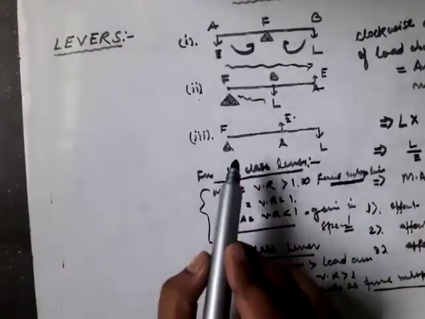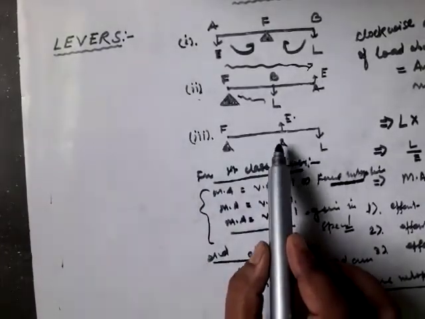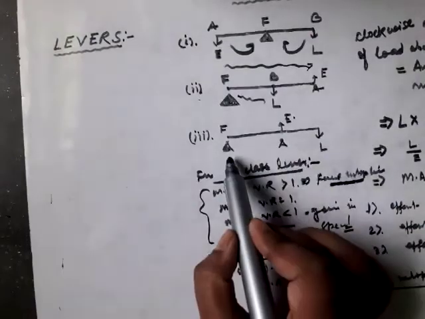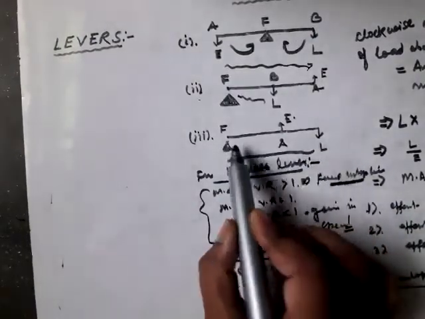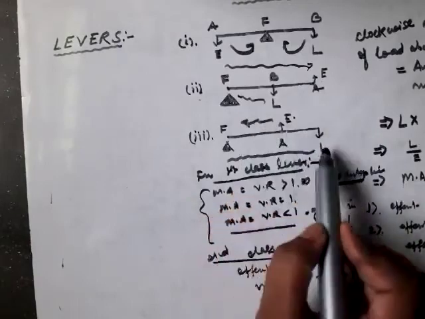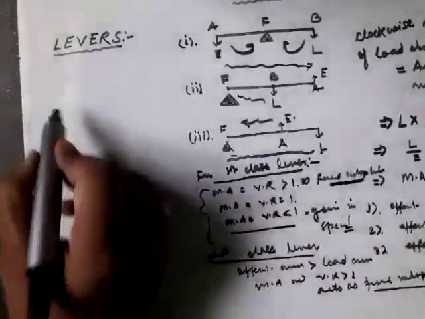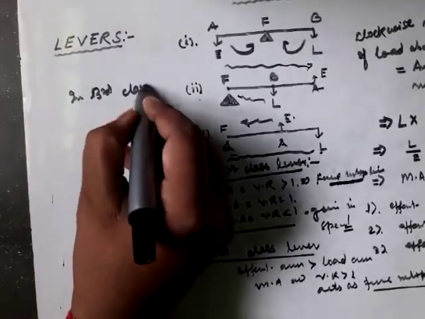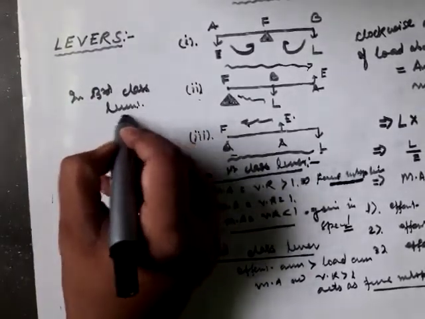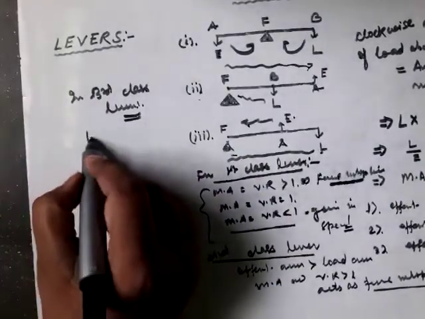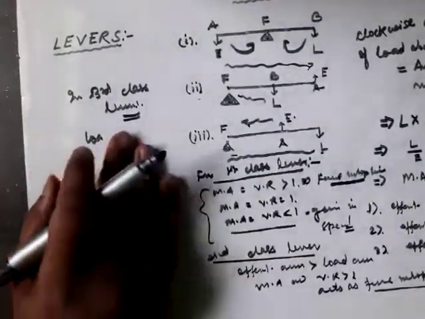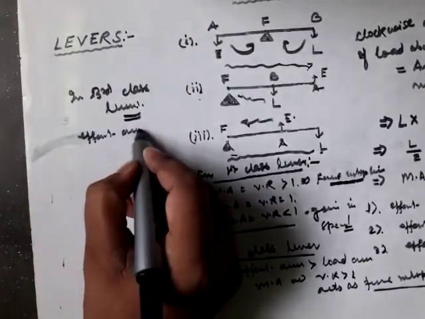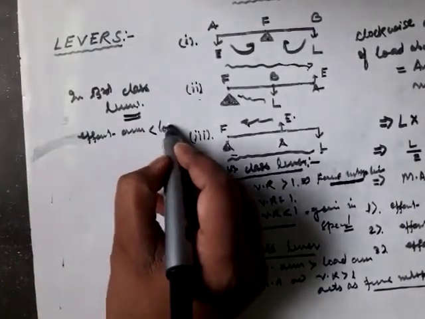Now we will talk about the third class lever. In this lever, effort is in between the fulcrum and load. In this condition you see the load arm is greater than the effort arm. This is the effort arm, this is the total load arm. So in third class lever, the effort arm is less than the load arm.